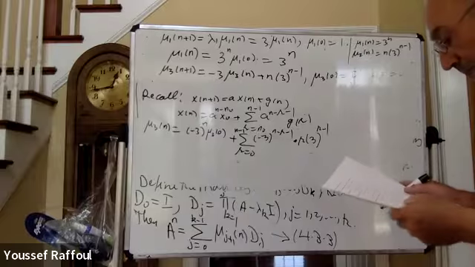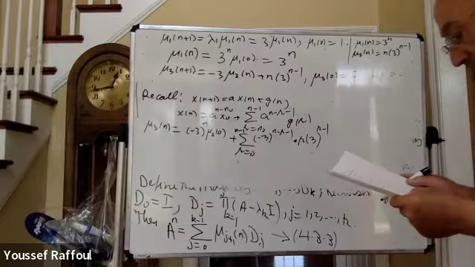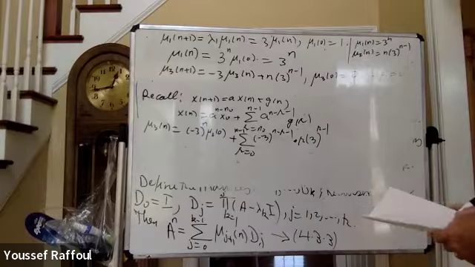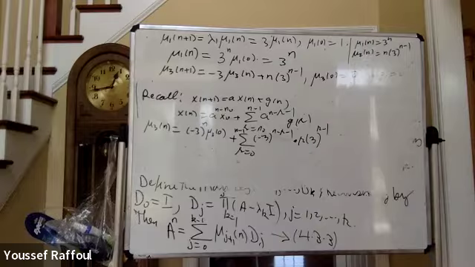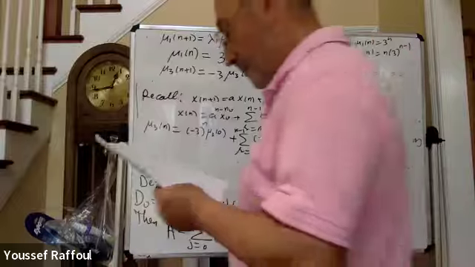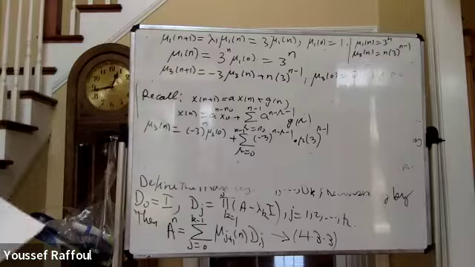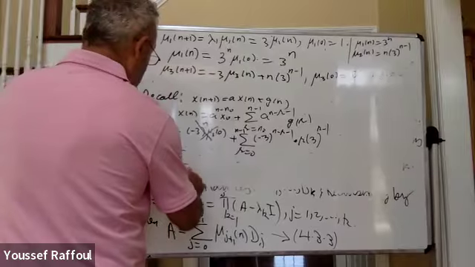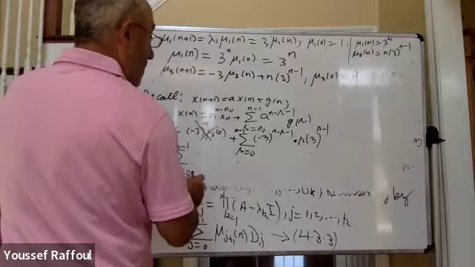Okay? So mu3 of 0 term is 0. So this is the sum r equals 0 to n minus 1.